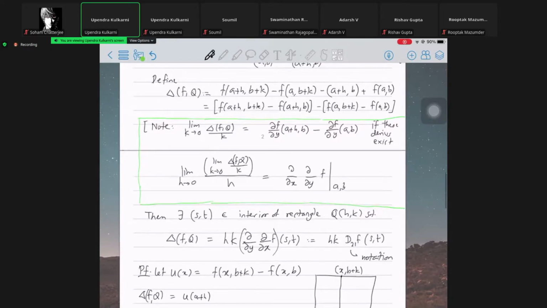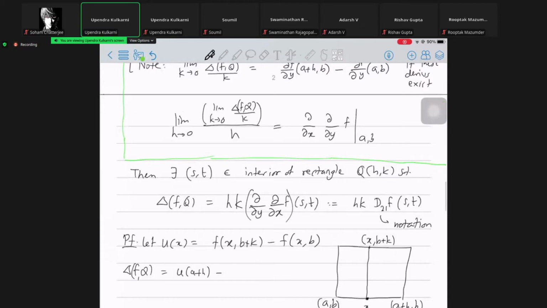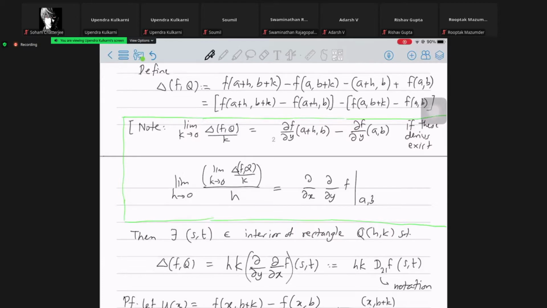So what else should I do in order to get delta of f? u of a. So just look over here. In fact, if you see the second expression defining delta, then that is better.